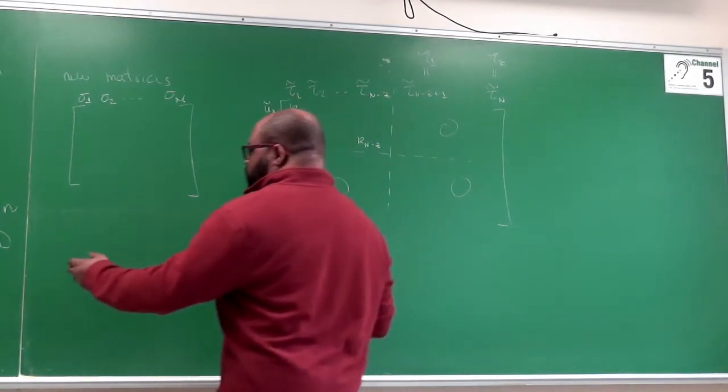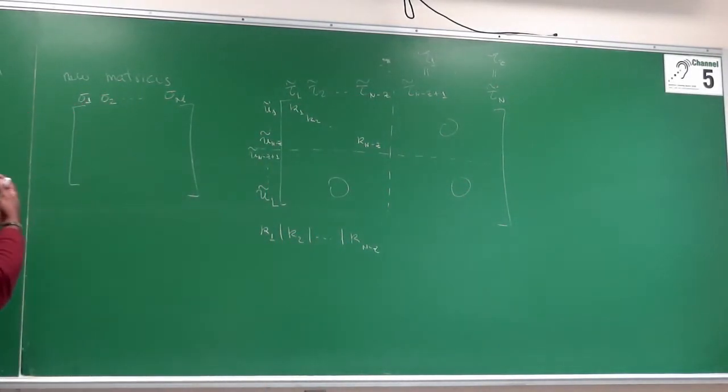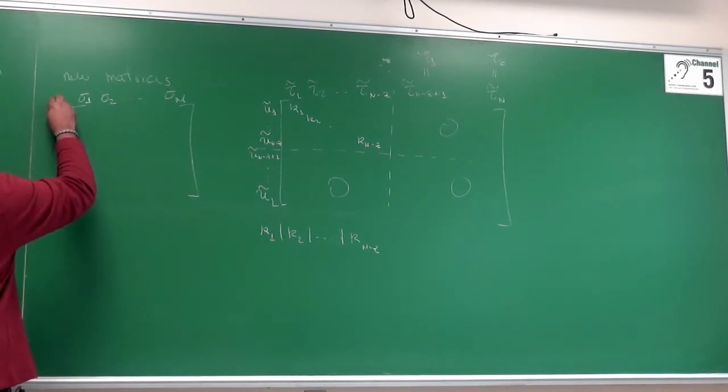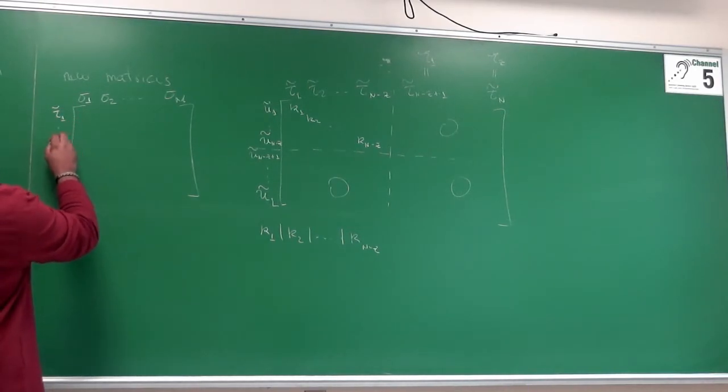Since we're doing the operations simultaneously between columns and rows, here I'm going to get the same bases I got in here. So you get tau 1 tilde all the way up to tau n-z tilde.